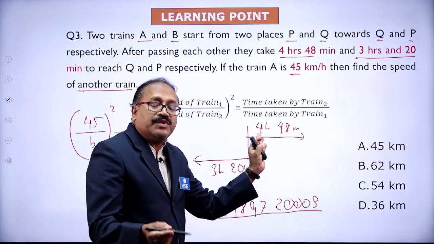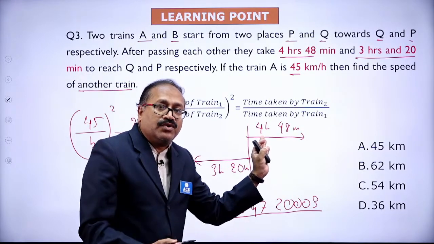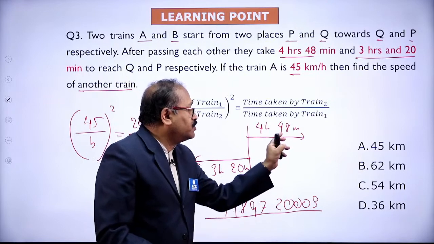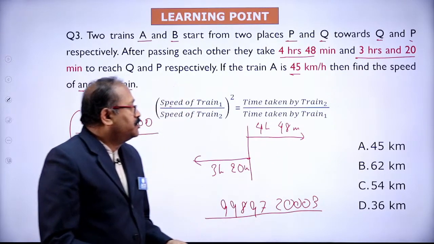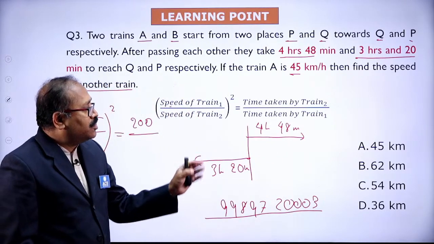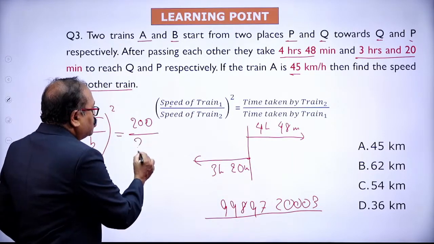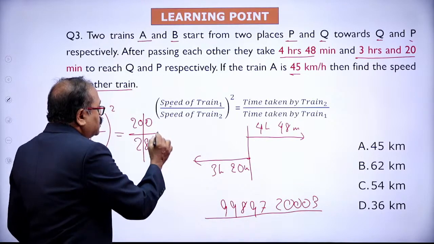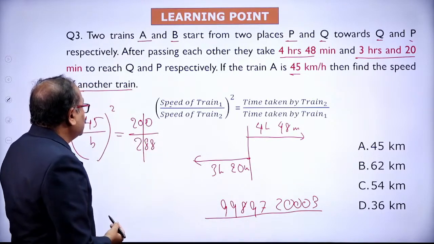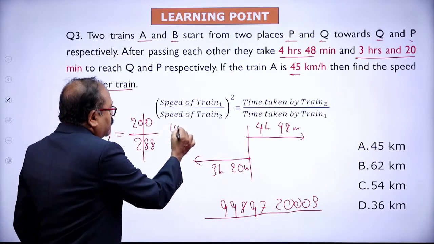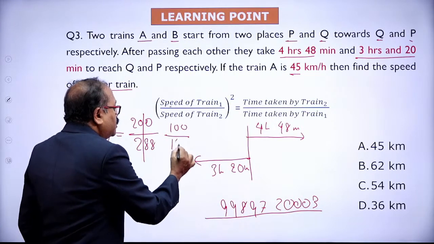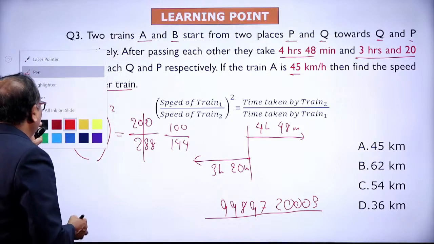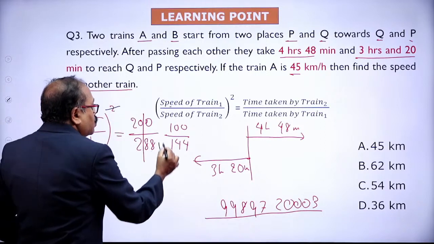That is 4 hours, which means 4 sixes are 24, 240, plus 48, 288. Did you notice that if I cancel this by 2, this is 100 by 144. Now if I take out the square, this will become a square root.